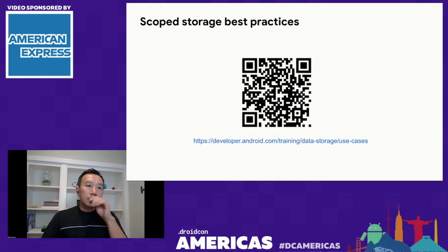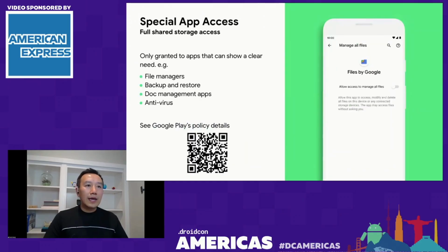We've also come up with a list of best practices for scoped storage for different use cases. Check out this URL for more information. One thing to note is that we realize certain types of applications, like File Explorer type applications, do need access to files broadly, and therefore we've also included a special permission for apps to achieve that.